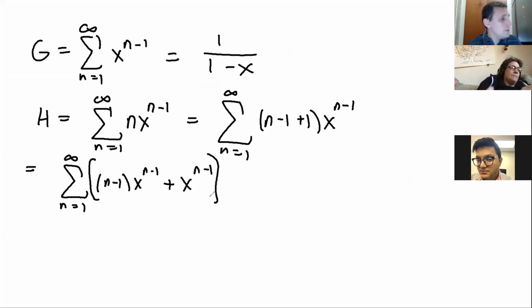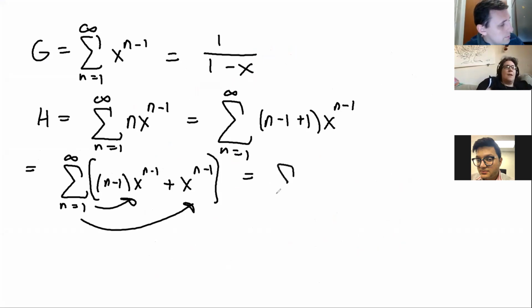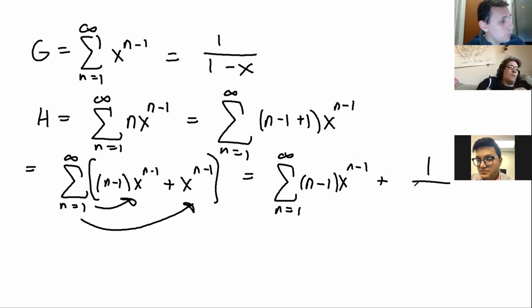You see? Now the summation, I can move it in here and in here. So what do I get? I get this summation plus the summation of x to the n minus 1. We already know it's 1 over 1 minus x.